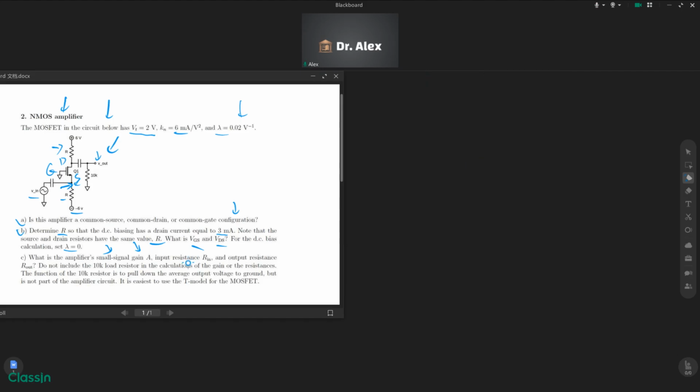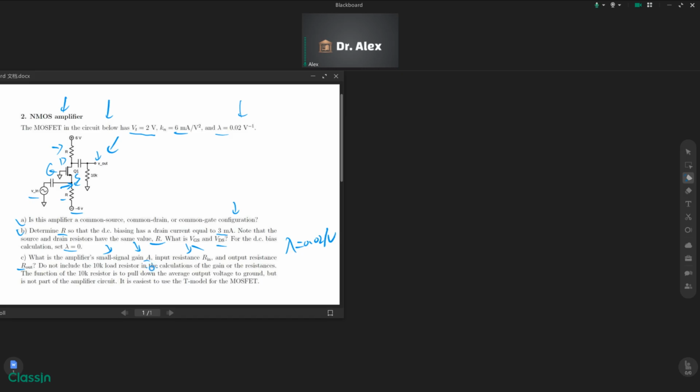The third question is asking us to calculate the voltage gain A, the input resistance Rin, and the output resistance Rout. In this situation, lambda is no longer 0, it's 0.02 per volt.